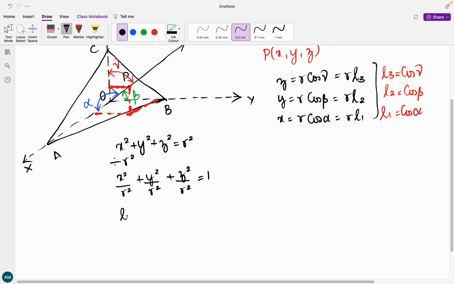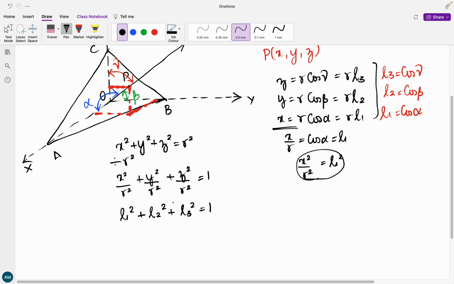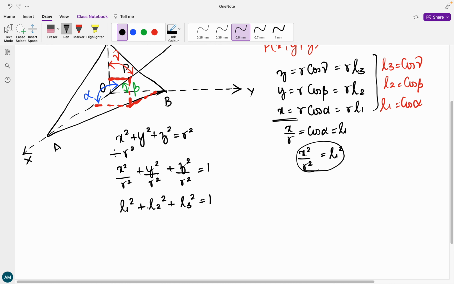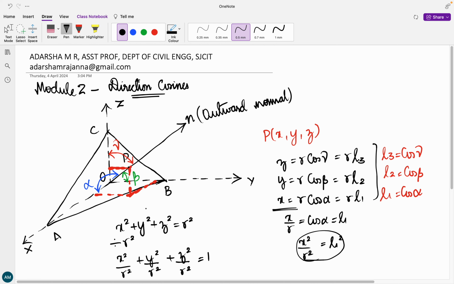Or I can write L1 square plus L2 square plus L3 square is equal to 1. I've just taken x by r as cos alpha, or I can write it as L1. x square by r square is nothing but L1 square. I've arrived at this from this. Okay, so this is direction cosines.